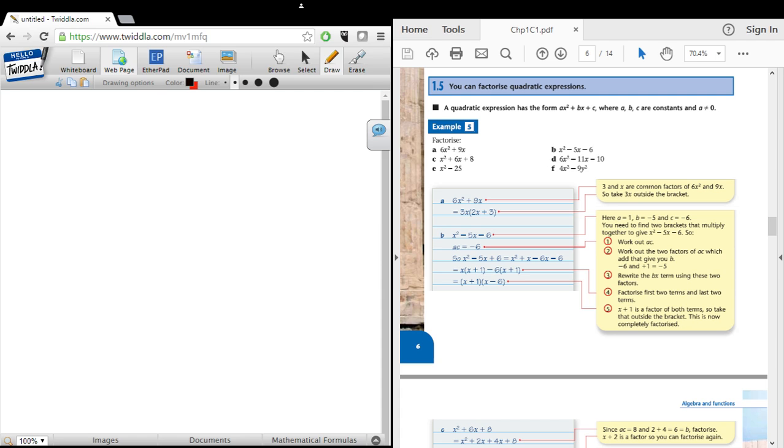So there's three different ways, and this particular way presented in the chapter is using the method of identifying A, B and C and deducing a number that is given by multiplying A and C, but at the same time the two numbers that add together to give B. So again, you need to identify A, B and C using the general form which is stated here, and then from that number you need to reintroduce it into the equation and then once again factorize.